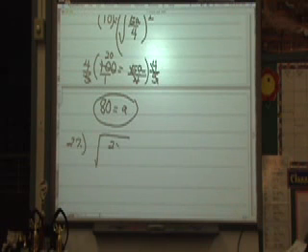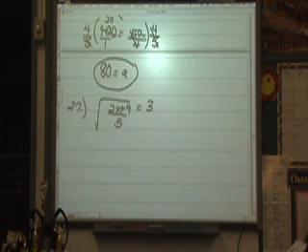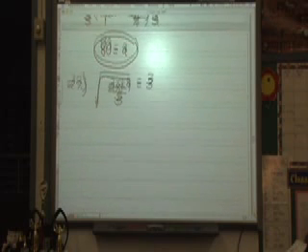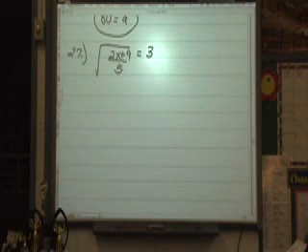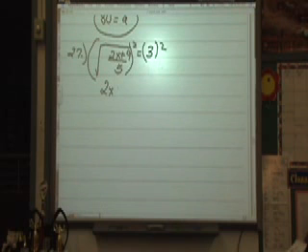27. The square root of 2x plus 9 over 5 equals 3. The radicand's by itself, square both sides. So we have 2x plus 9 over 5 equals 9.